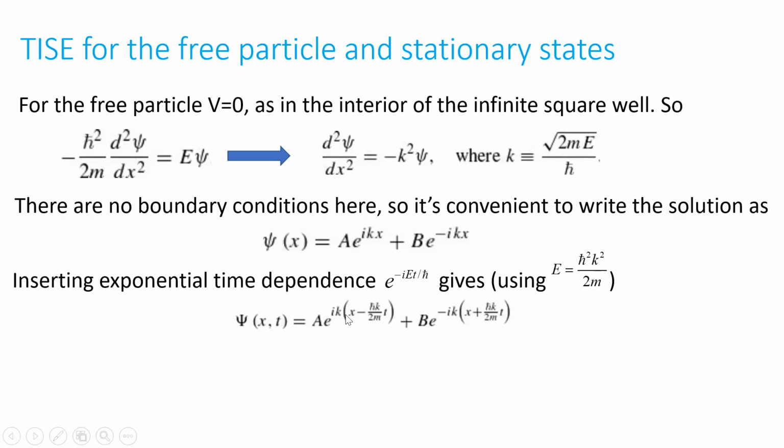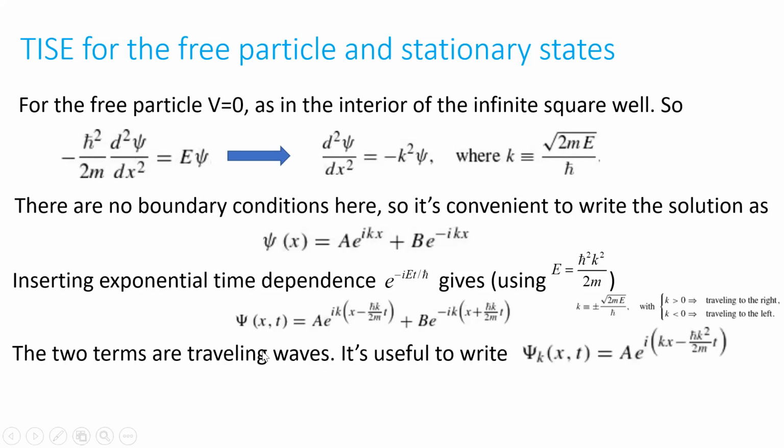We factored out a k, so it's h bar k over 2m times k, which is h bar k squared over 2m. And likewise over here, we have minus ikx. And since this minus is out in front, this distributes in, and we have the e to the minus i h bar k squared over 2m t. So we have the same time exponential factor on both of them.